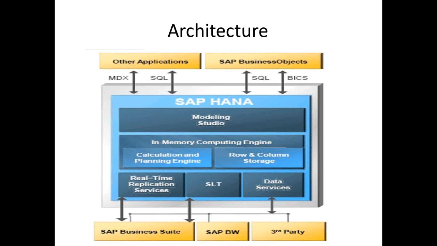Calculation engine doesn't mean just calculation, but it basically means both translation and calculation. When you're firing queries from these reporting tools, either Business Objects or Excel, or you might be bringing it from Lumira, those queries should be understood by the computing engine, and so they should be in the native SQL of SAP HANA. So when you're firing these queries, the calculation engine basically translates it.